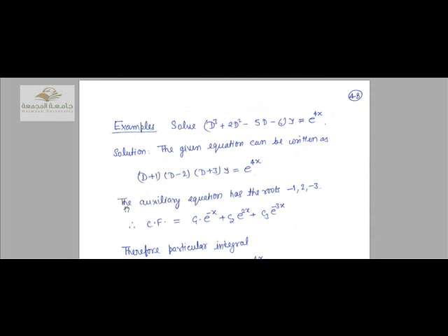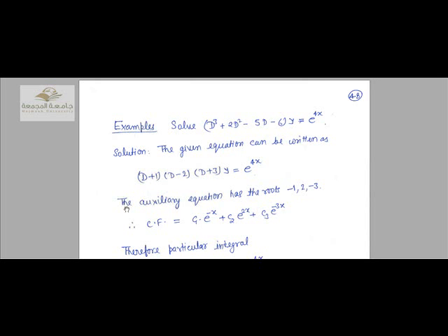Now we are going to solve the problem. First problem is: solve (D³ + 2D² − 5D − 6) y = e^(4x). The given equation can be written as (D + 1)(D − 2)(D + 3) y = e^(4x).